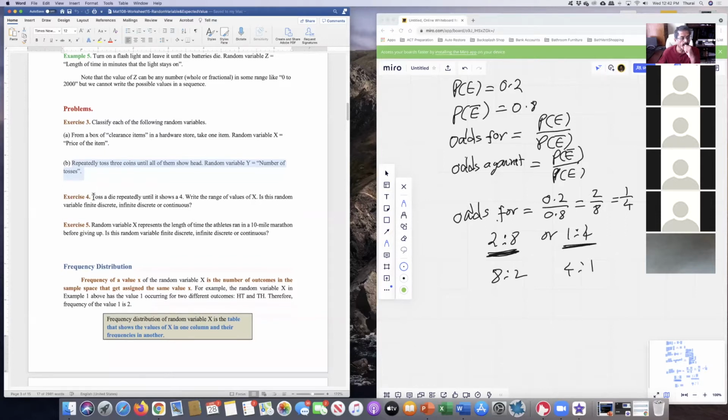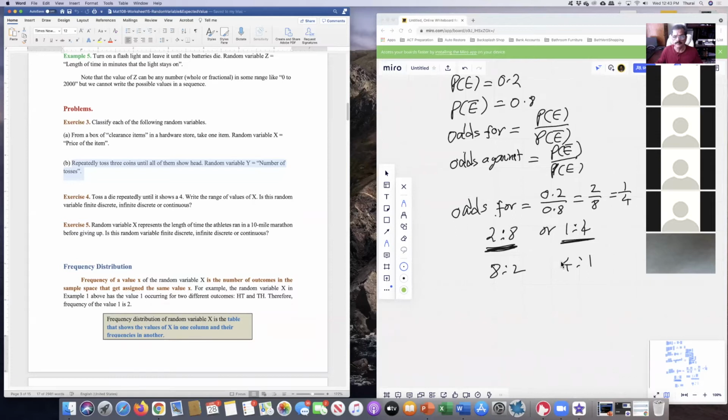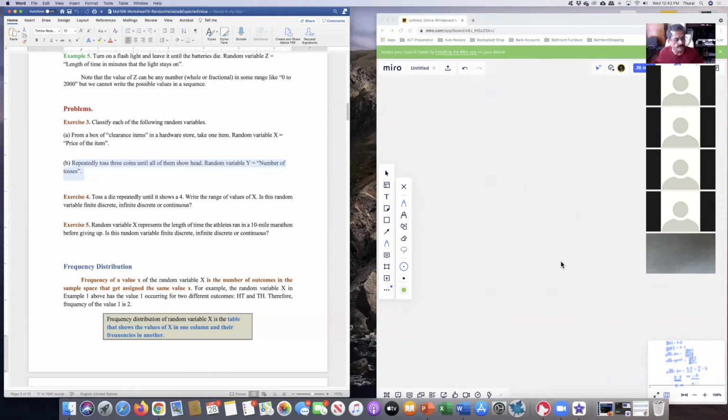Okay, toss a die repeatedly until it shows 4. Write the range of values of X. Is this finite discrete? Okay, that's a fairly easy question. Go ahead, tell me, what are the values? What is the range? I'm tossing the die. 1, 2, 3, 4, 5, 6.